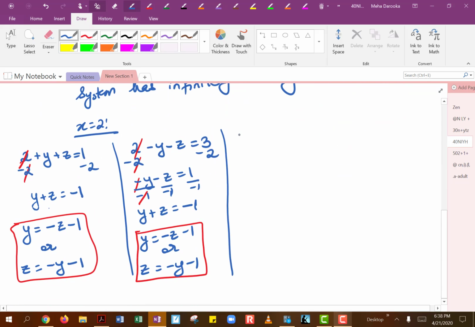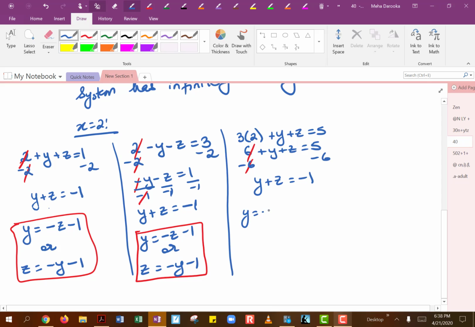So that's going to be 3x, x is 2, plus y plus z equals 5. 3 times 2 is 6. So let's go ahead and subtract that 6 on both sides, and we end up getting y plus z equals negative 1, again similar to the other two equations.